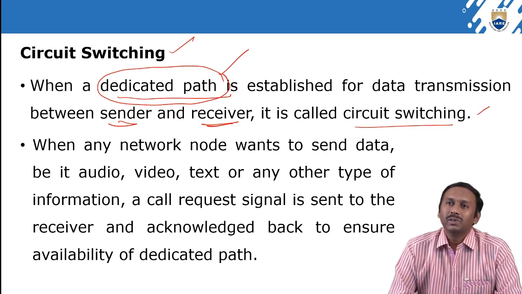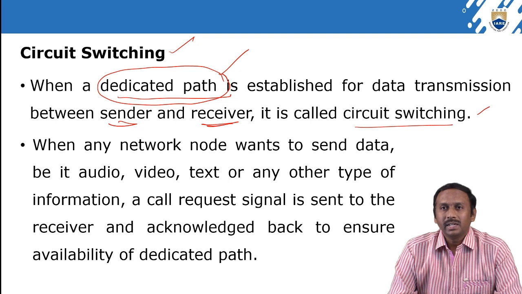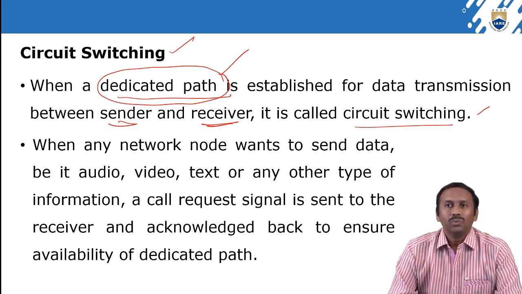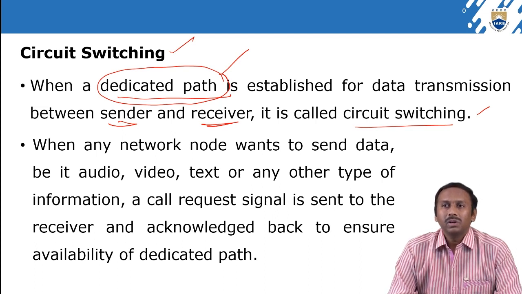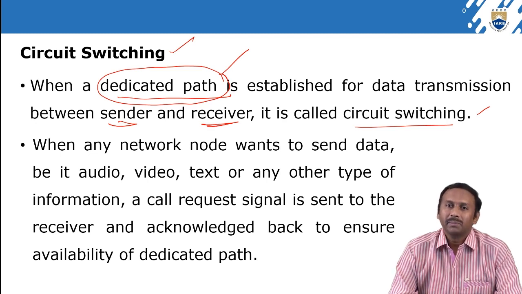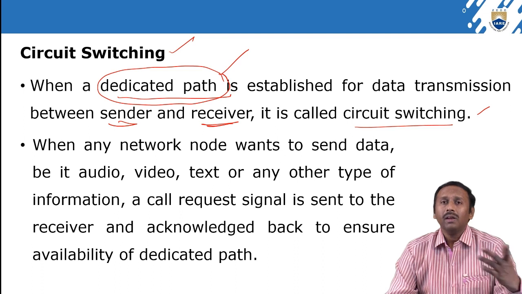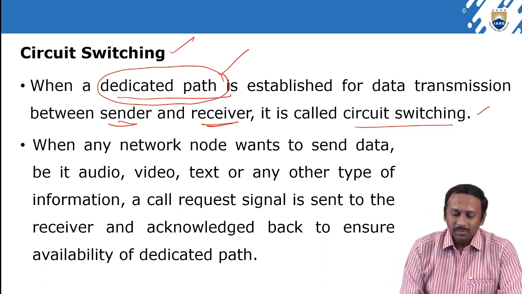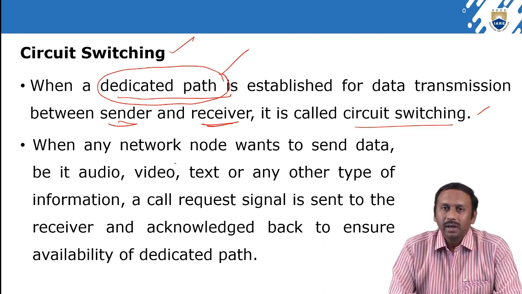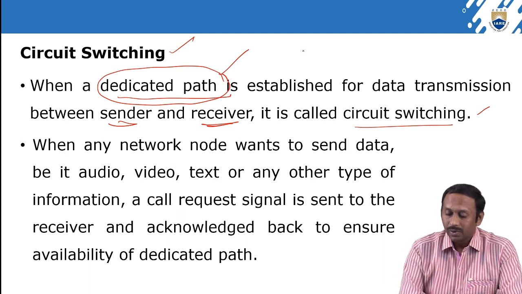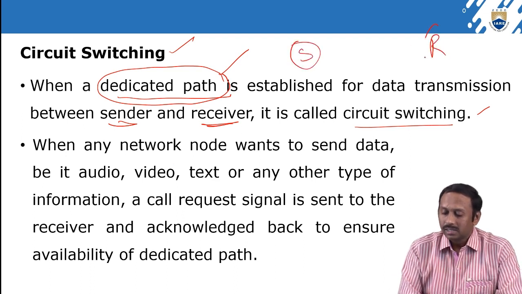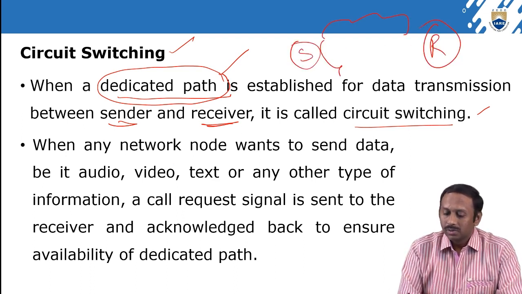When any network node wants to send data, be it audio, video, text, or any other type of information, a call request signal is sent to the receiver and acknowledged back to ensure availability of the dedicated path, right? For example, take a sender and a receiver.